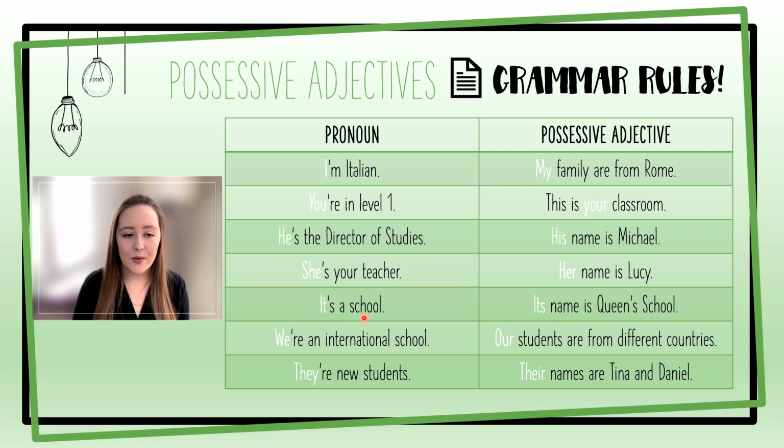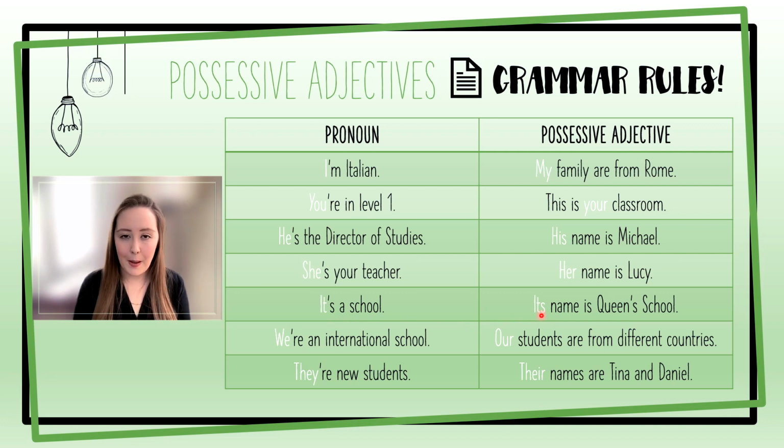Now, this one will be new to you because it is a little bit more difficult. Remember the pronoun it. We use this for things. It's a school. This apostrophe means it is. It is a school. Good. The possessive adjective is the same word, its. Listen.